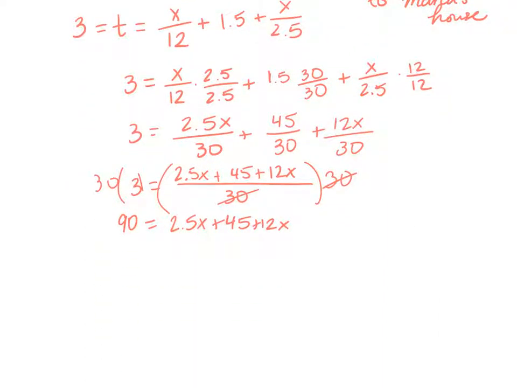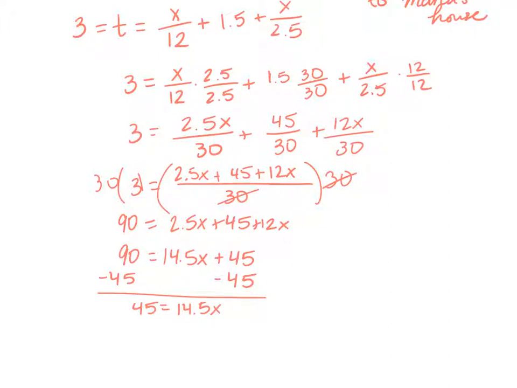Now I'm going to combine like terms, which are 2.5x and 12x. So 90 equals 14.5x plus 45. Then subtract 45 from both sides, and I get 45 equals 14.5x. Then I'm going to divide both sides by 14.5, and I get that x must be about 3.1 miles.